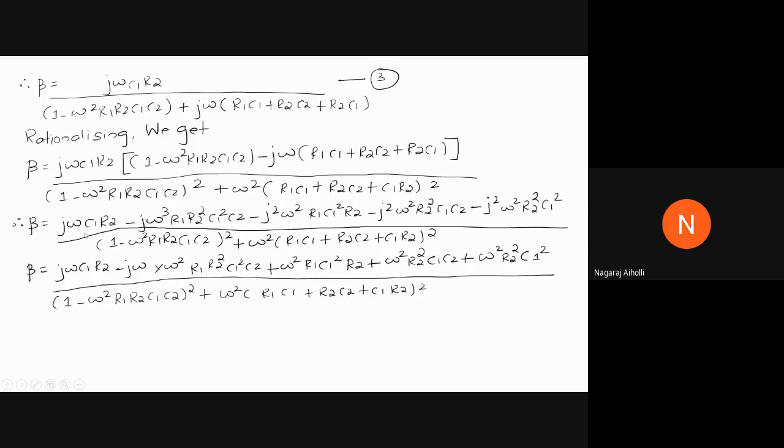That is, beta is equal to j omega c1 r2. Here we are multiplying, right?